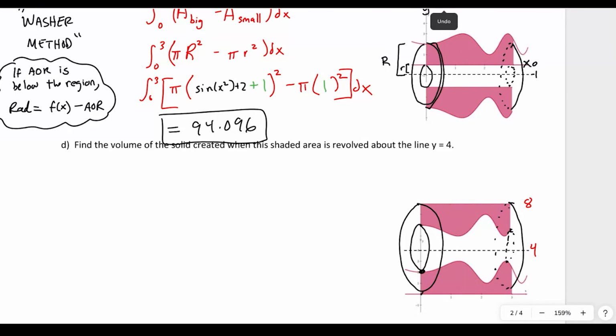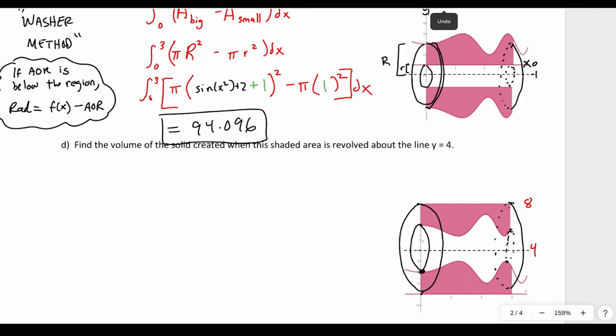But this time, the outside radius, the large radius, is constant, but the inside tube is all mangled up and defined in terms of the function.